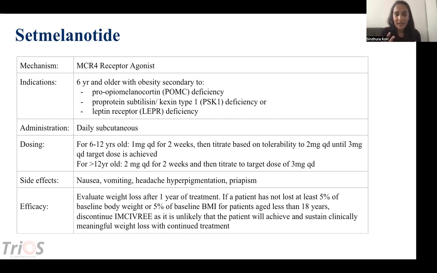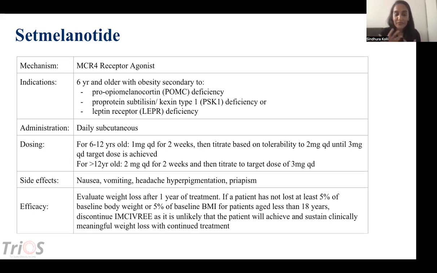The patients that we're specifically targeting here are those 6 years and older who have obesity that is secondary to POMC deficiency, or if they have a PCSK1 deficiency or a leptin receptor deficiency.